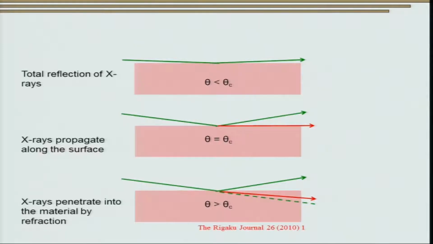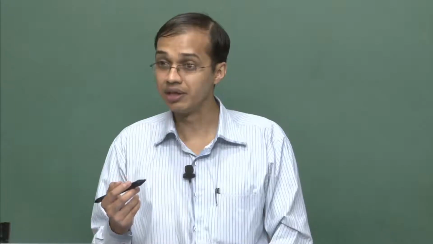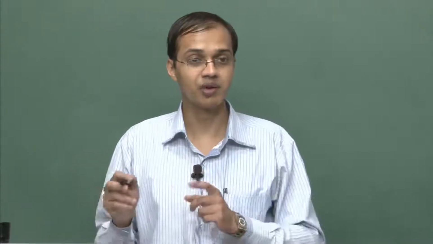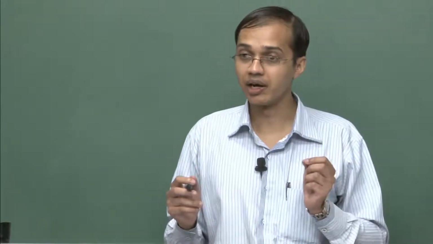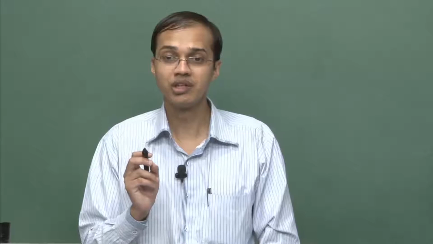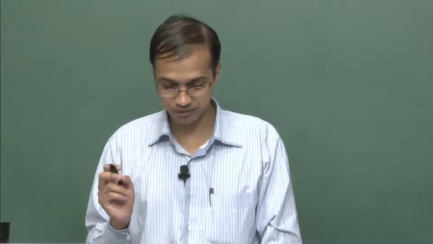However, if my theta is higher than the theta critical for the substrate, then the information I am getting for the nanoscopic entity, either a thin film or a particle, will also contain some information due to substrate diffraction. This is something that I want to avoid, since my area of interest is only the nanoscopic film or the particles.